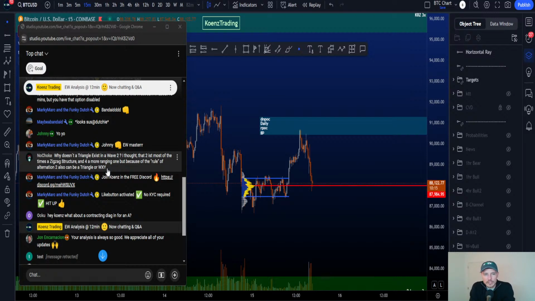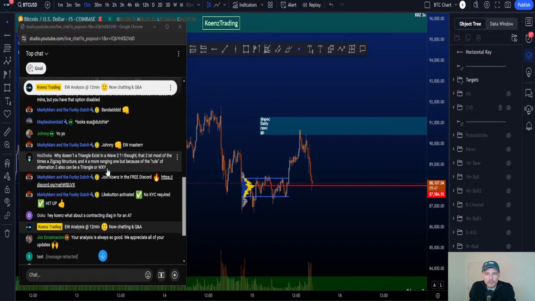It's about how deep a retracement is, and it's about time. A wave 2, for example, is commonly short in time. It's a simple structure and a deep structure. And simple is generally regarded as a zigzag, so that's correct. And wave 4 is then more commonly a shallow structure, long in time, and a more complex structure, like a WXY or a triangle.